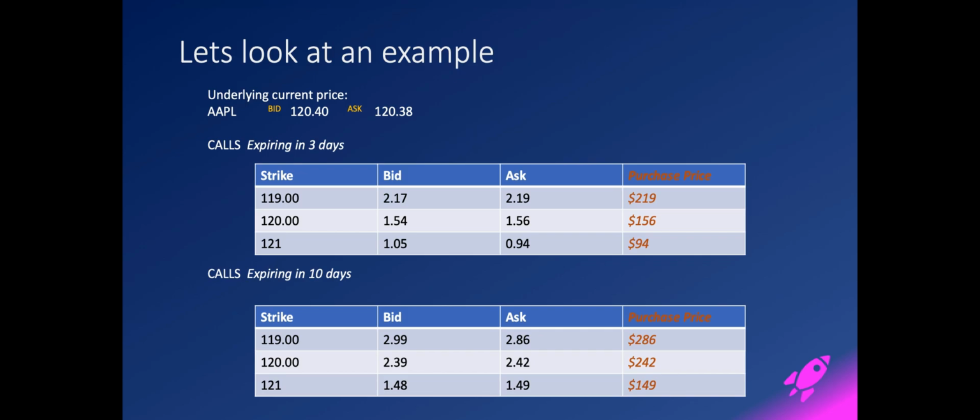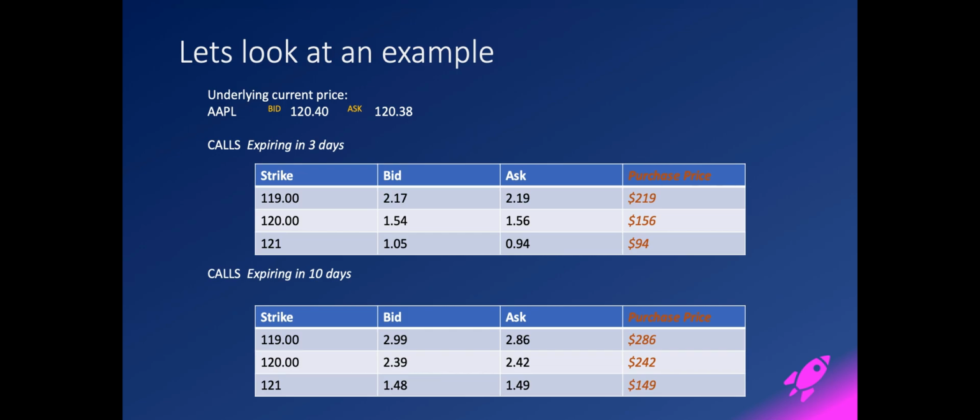Time is part of the premium. Time has a price that you pay. So the more time you buy, the more expensive it will be. So if we were looking at calls out a month, 2 months, they would be increasingly expensive.